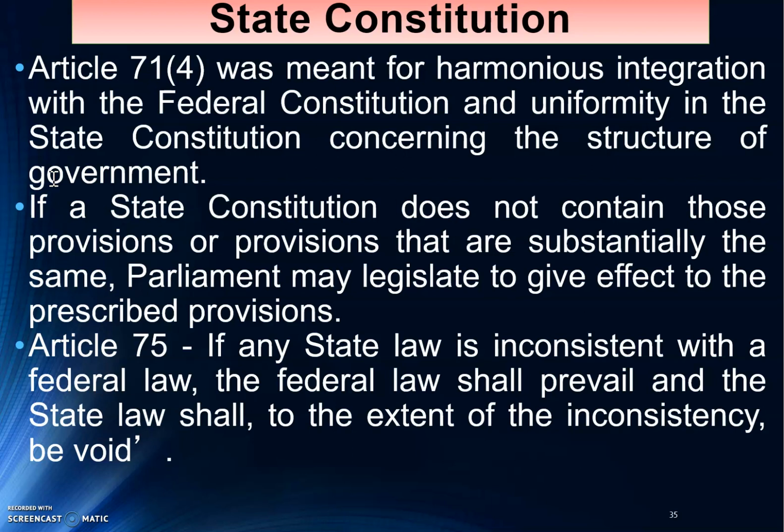Okay, so if a state constitution does not contain those provisions of Article 71 Clause 4, or provisions that are substantially the same, Parliament may legislate to give effect to the prescribed provisions.